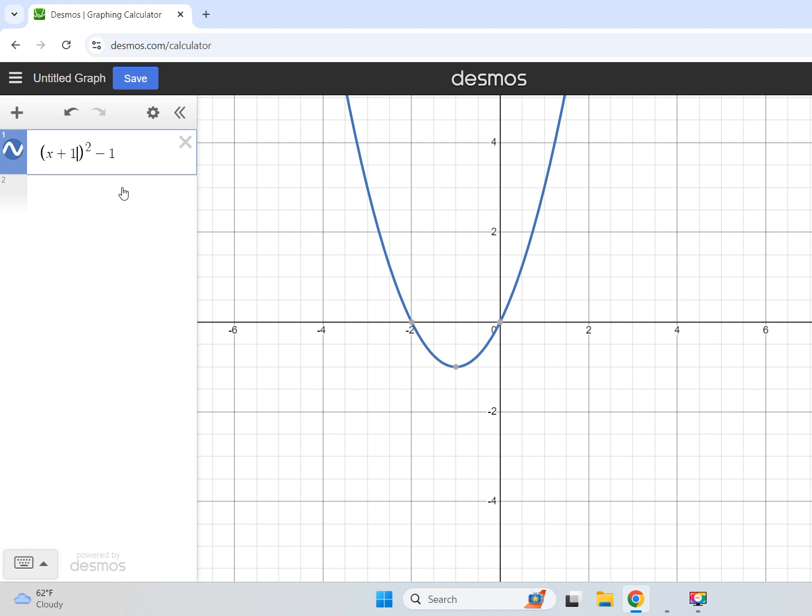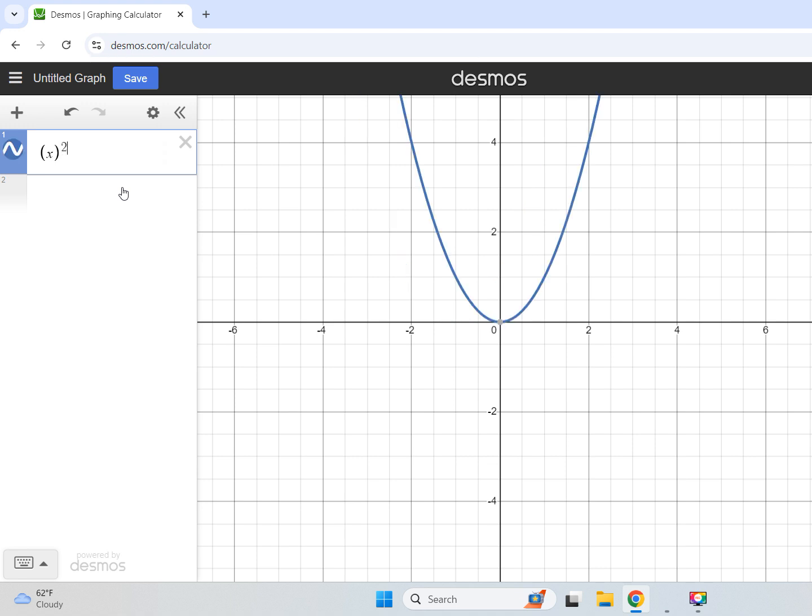All right, so let's try a different parent, and let's just do x cubed. We don't need the parentheses, as you can see, but I'm going to keep the parentheses for now so I can illustrate some other transformations. All right, so x cubed.